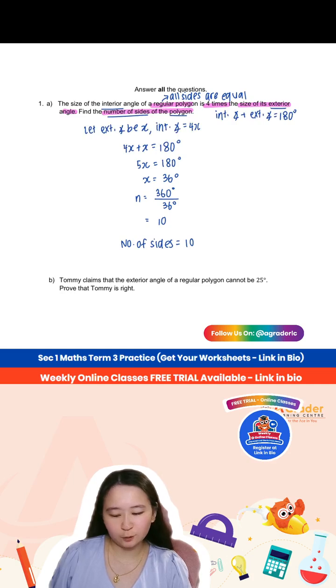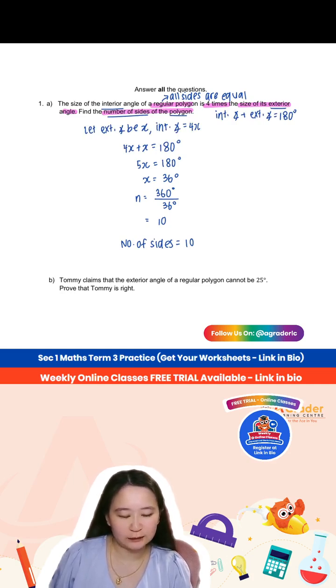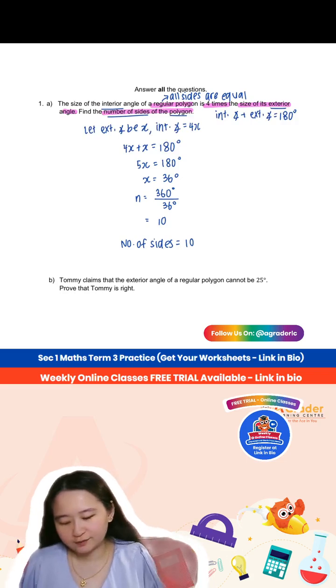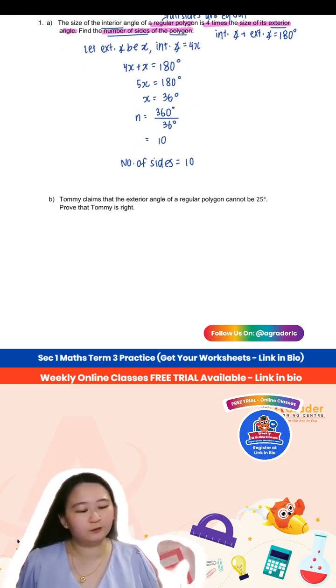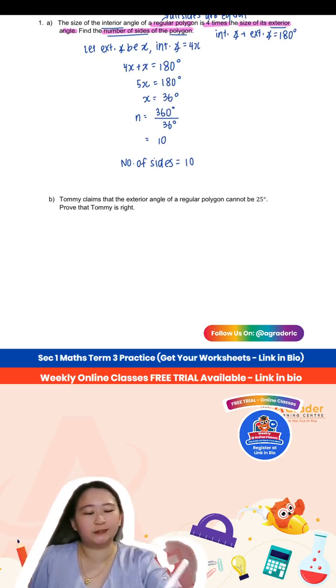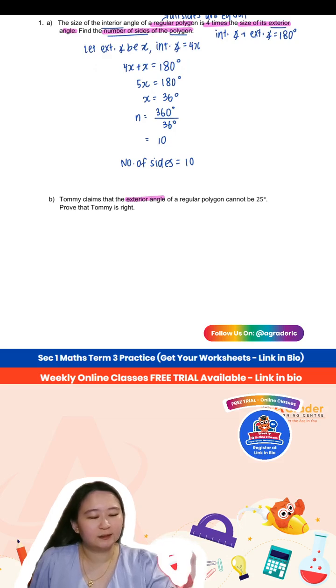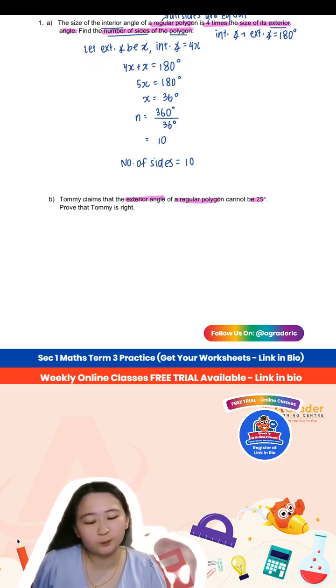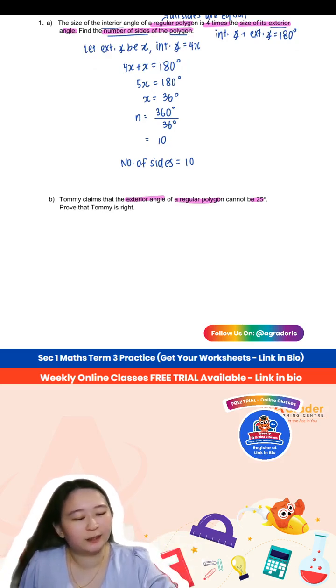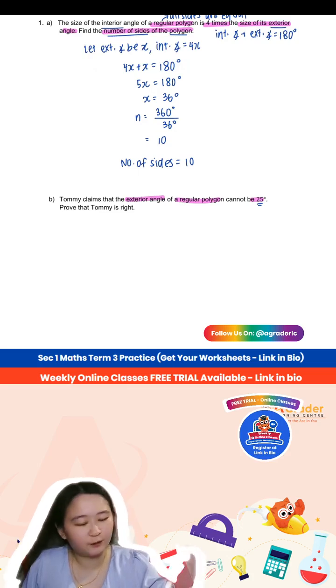So then we can move on to part B. Tommy claims that the exterior angle of a regular polygon cannot be 25 degrees. Prove that Tommy is right. So we know that the sum of exterior angles is always 360 degrees. So if it's a regular polygon, all the exterior angles must be the same. So can all the exterior angles be 25 degrees?